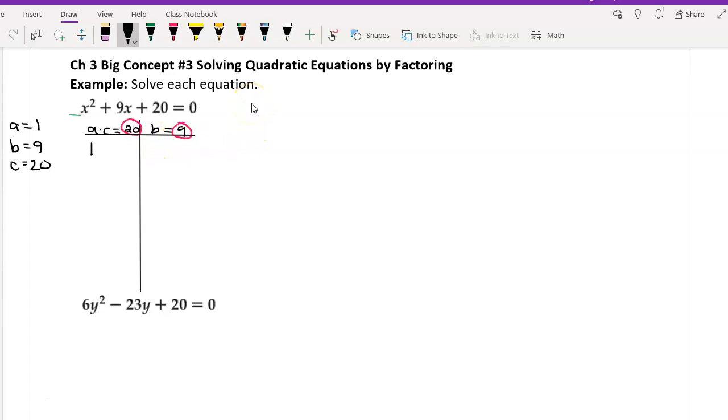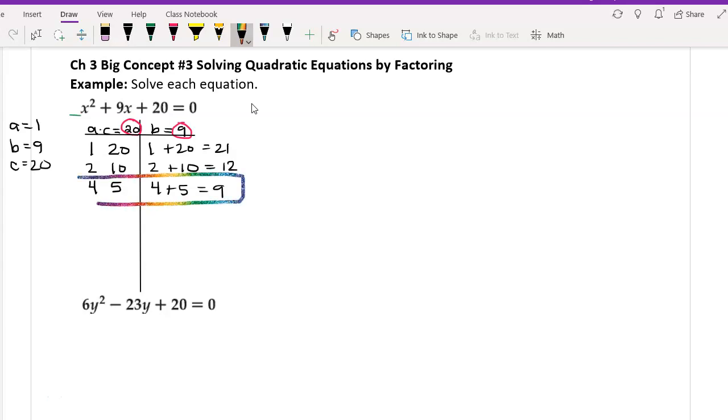Factors of 20. 1 and 20. 2 and 10. 4 and 5. So 1 plus 20 equals 21. So that doesn't work. 2 plus 10 equals 12. That doesn't work. 4 plus 5 equals 9. That one works. That one is our shooting star right here. So I'm going to make sure I take that one out.